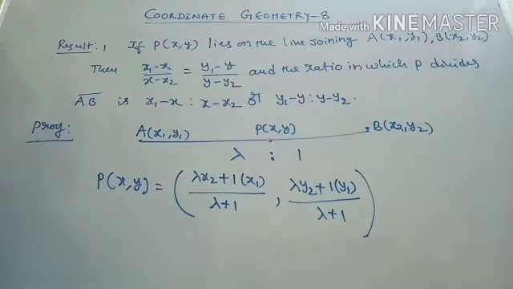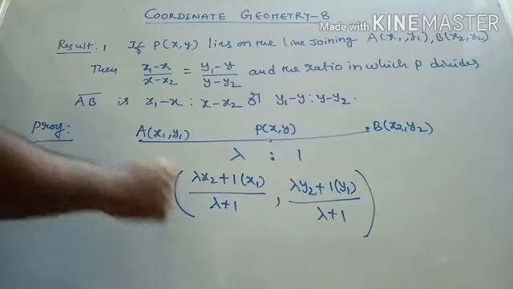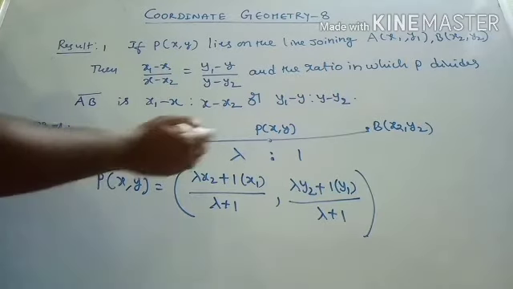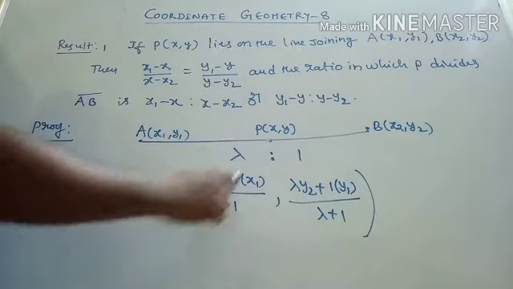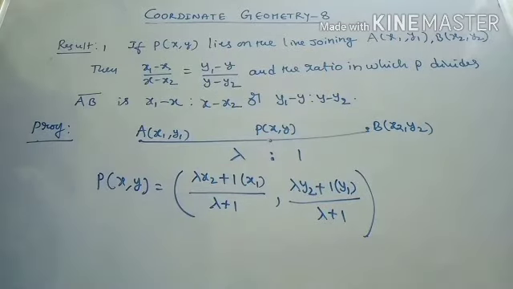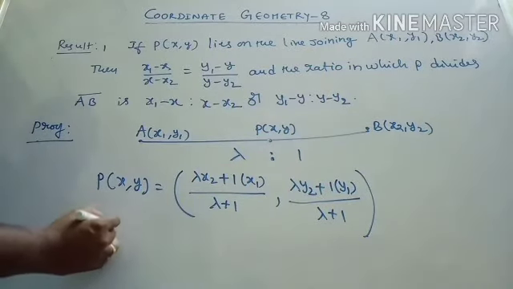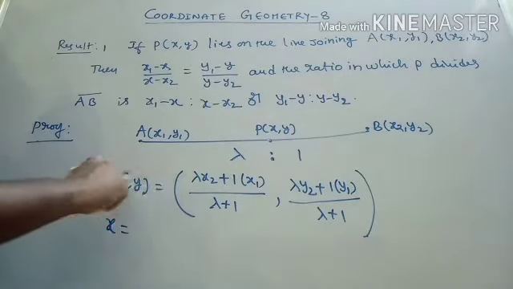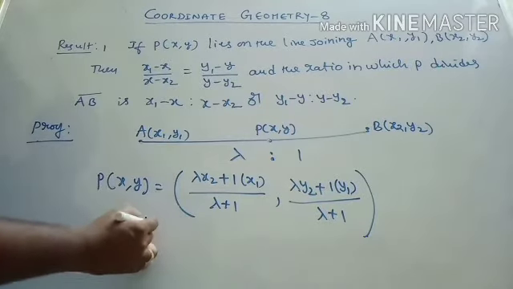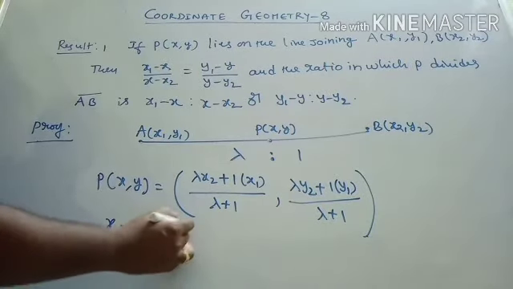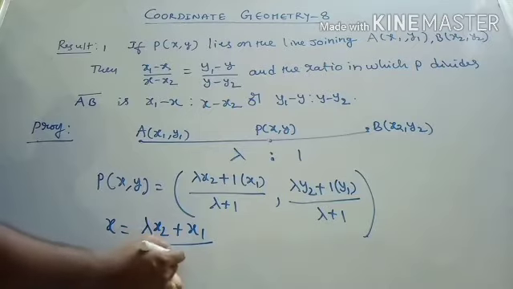Now you see, dear students, we equate the corresponding coordinates, because P(x, y) is equal to this point. Let us equate the corresponding x coordinates, the abscissas: x is equal to (lambda x2 plus x1) by (lambda plus 1).